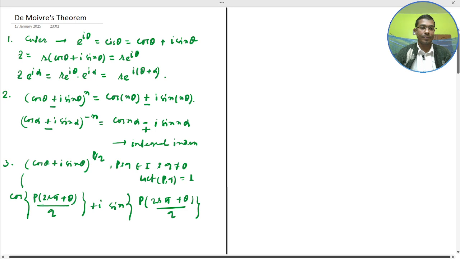This is the form for the rational index where r equals 0, 1, dot dot, q minus 1. Next, the nth root of unity.